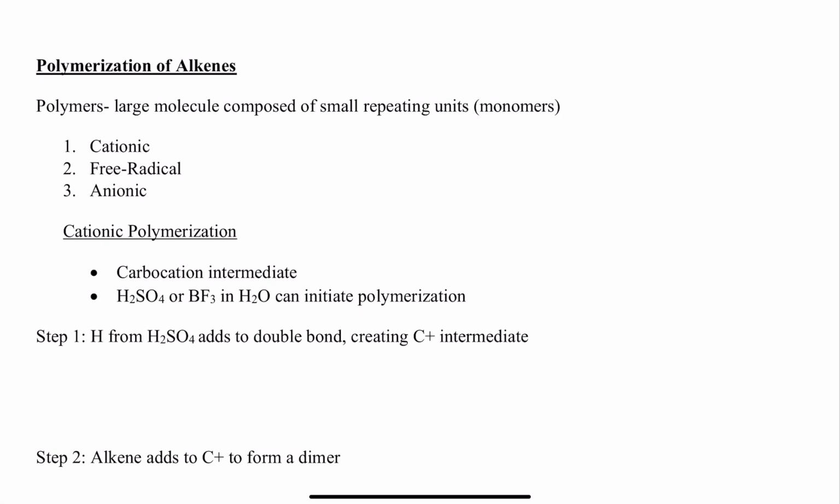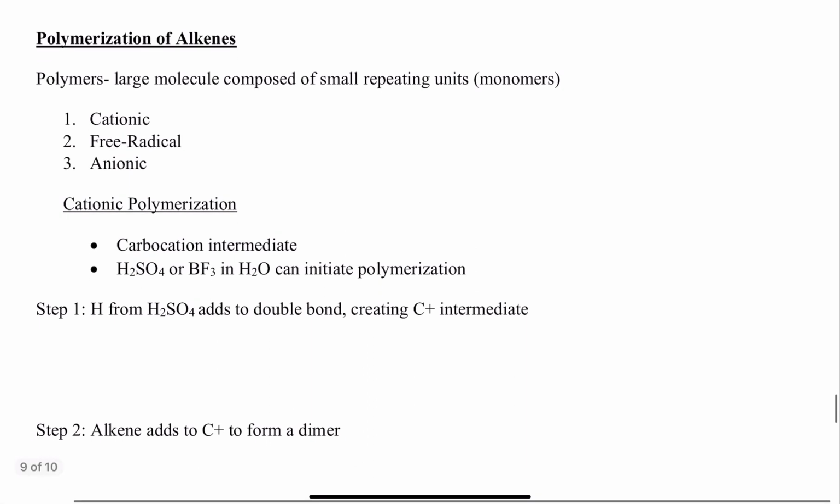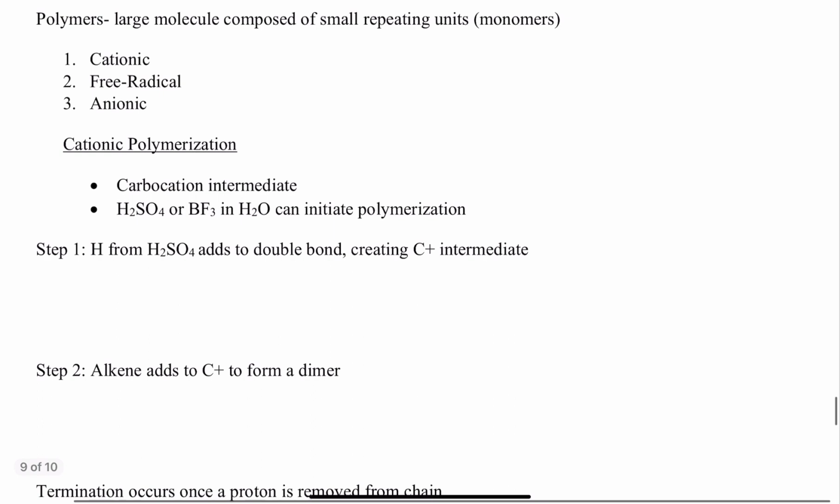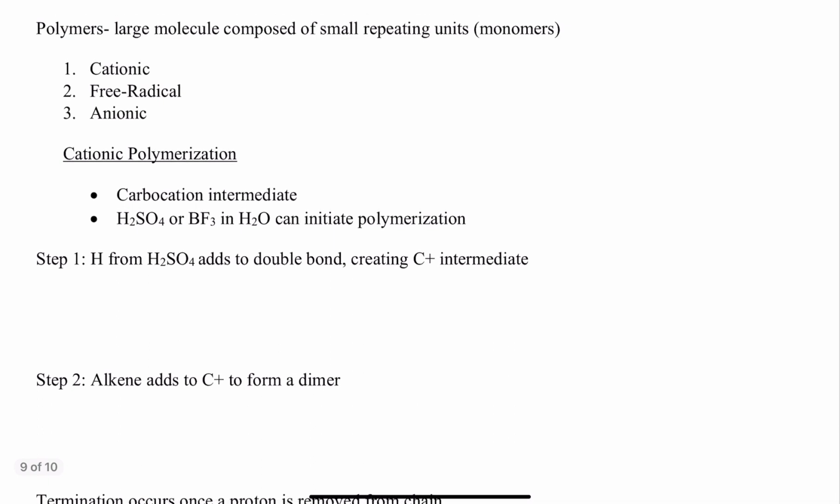For cationic polymerization, it's going to generate a carbocation intermediate. And there's 2 different reagents that we could use to initiate our polymerization reaction. We could use either sulfuric acid or boron trifluoride in water.